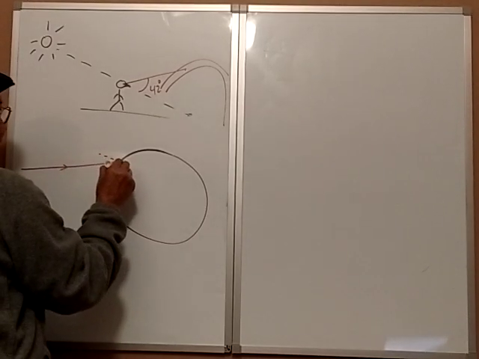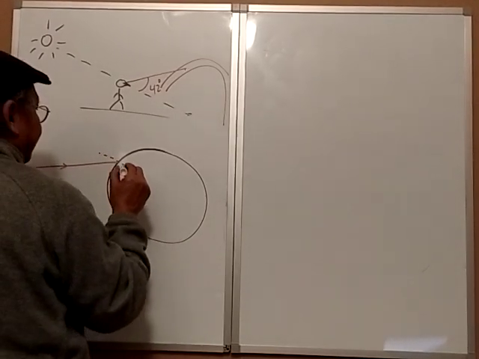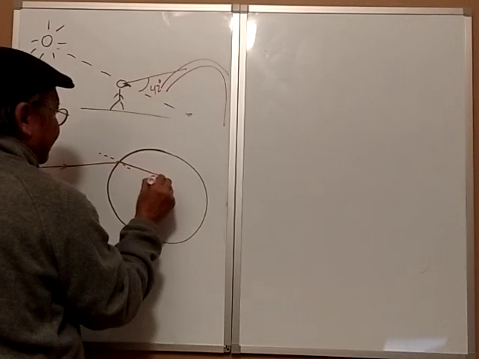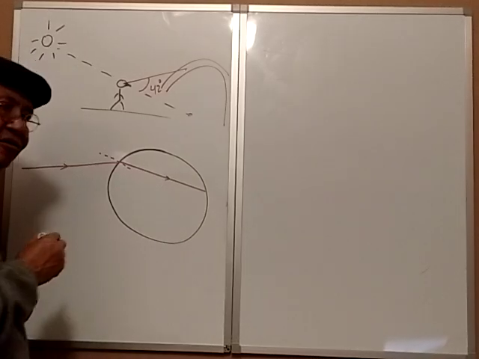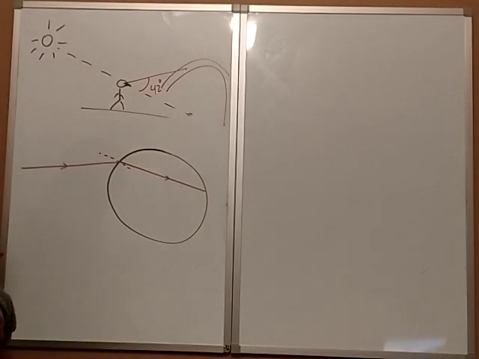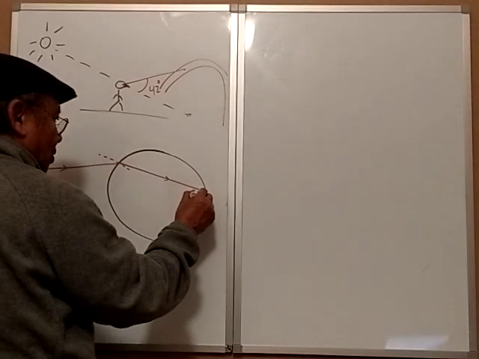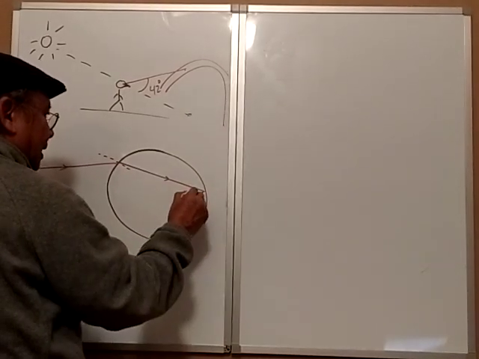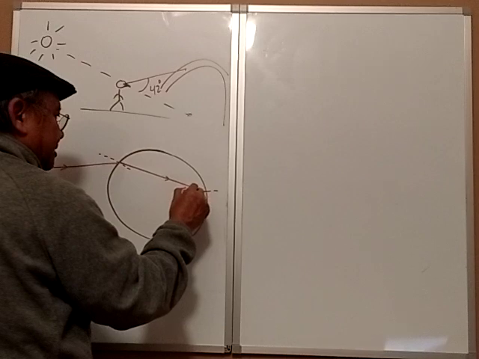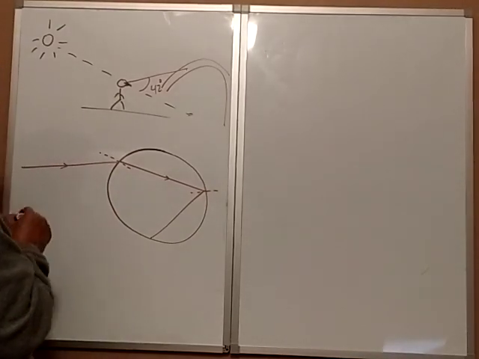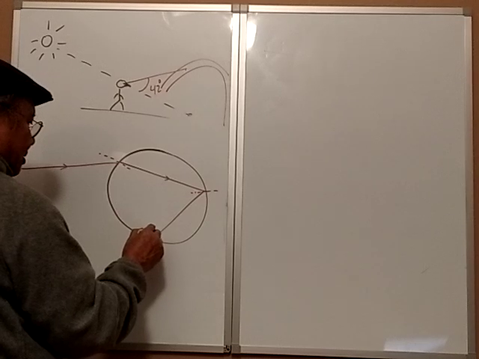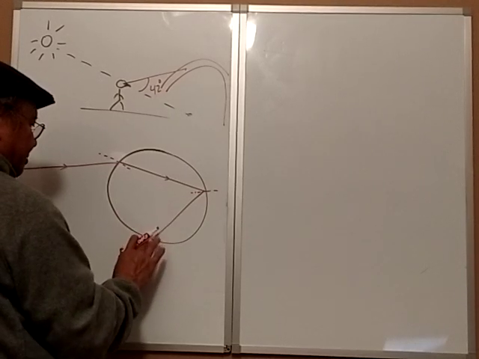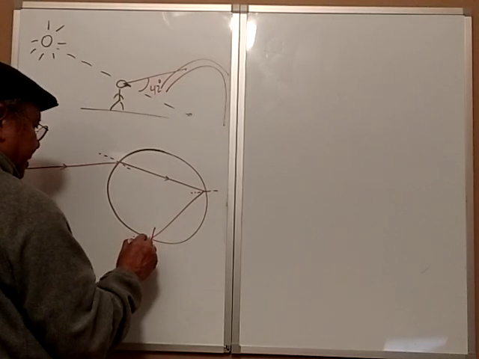This is a perpendicular line. So then it'll go like this. Then it'll do total internal reflection, so it'll go like that, so that the incident and reflected angles are the same here. Then it'll come out. So that's a perpendicular, let me draw a little perpendicular, it will come out.